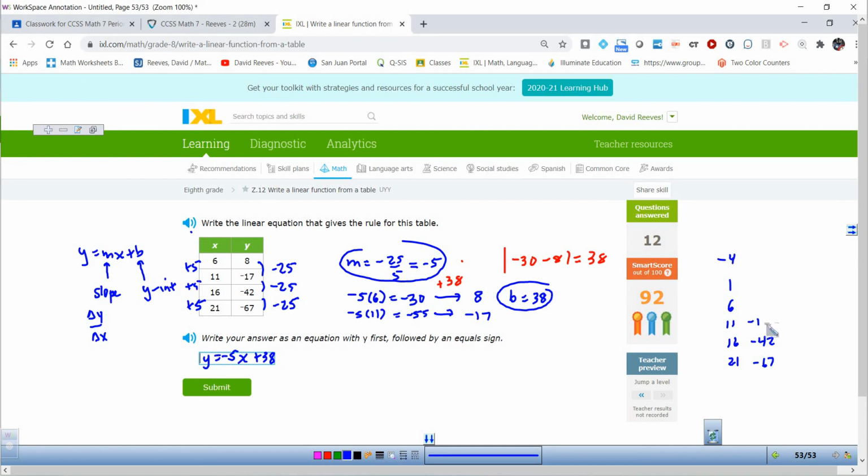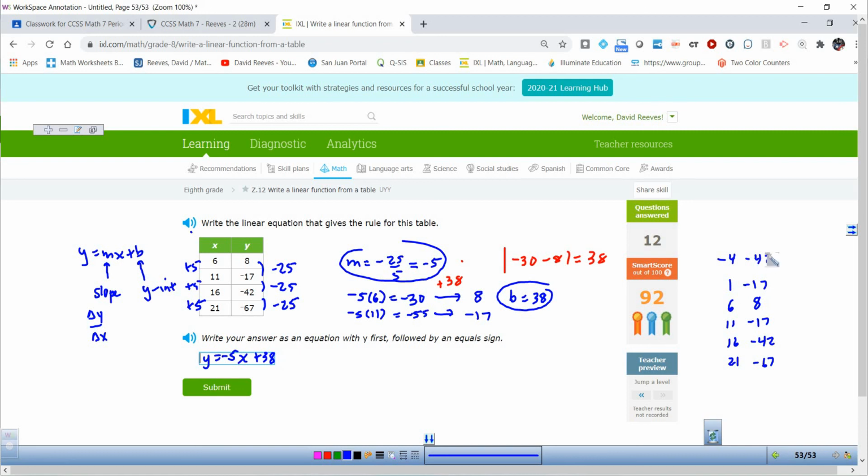The problem is we haven't done any equation solving yet, which makes this process a little bit more difficult, right? Because if I did 1, 8, this would be 8 minus 25 for our next one, right? So that would be negative 17. And then if I did minus 25, what's that? Negative 42.